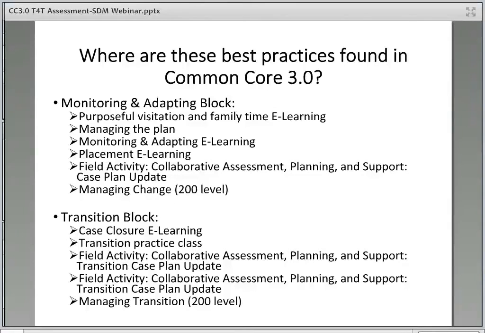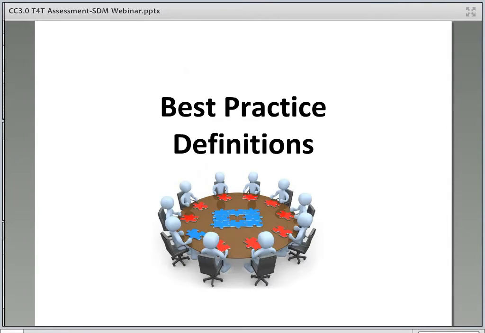These are just some of the classes that cover these best practices. Now let's review some best practice definitions.